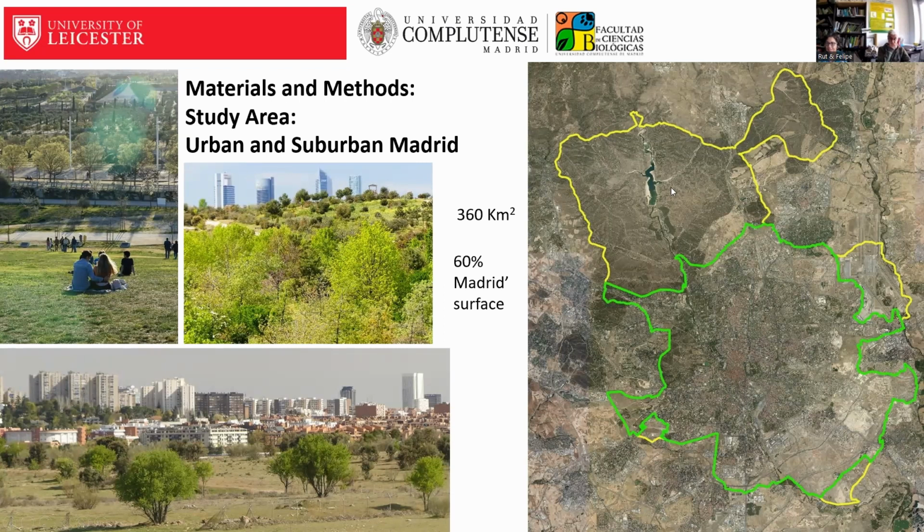It's an exception in the city, because it's the place where the royal family used to go hunting. So it's very natural, and we focus on urban flora. This is why we only work here. It was 350 square kilometers, 50% of Madrid's surface.